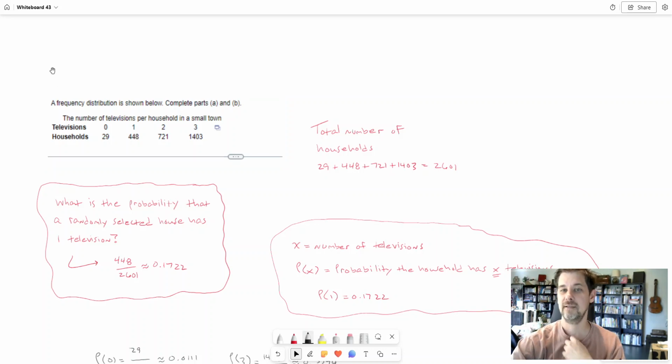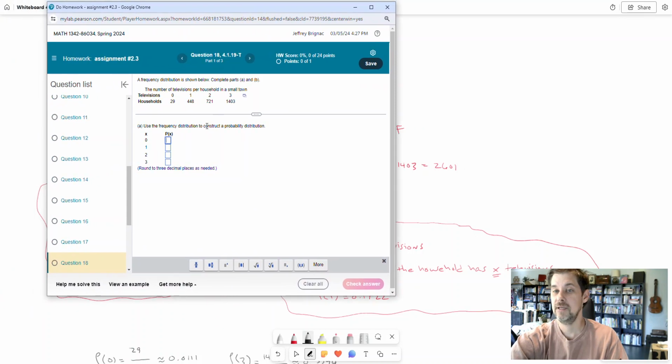What are the odds that the household you select has one television? Well, there's 448 households with one television according to this data, and there's 2,601 households total. So the odds of that are 448 over 2601, which, rounded to a decimal, is 0.1722.